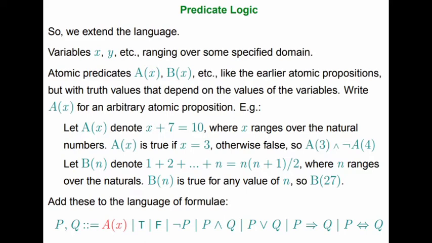Write A of X for an arbitrary atomic proposition. Let A of X denote X plus 7 equals 10, where X ranges over the natural numbers. A of X is true if X equals 3, otherwise false. So, A of 3 conjunction negation of A of 4.